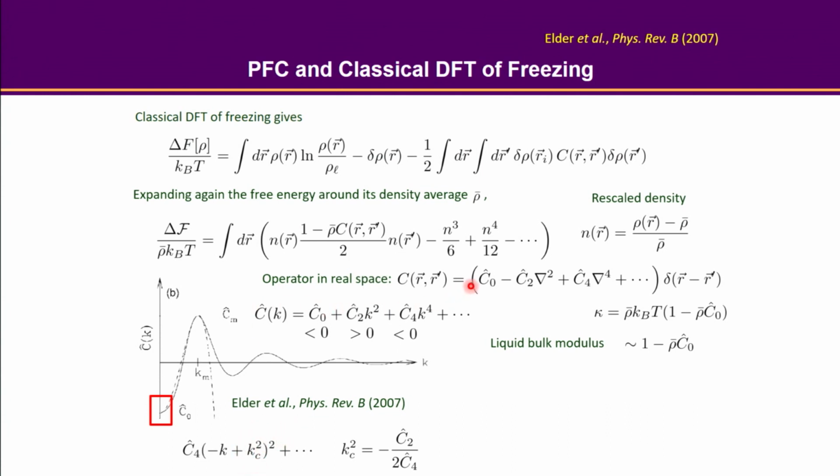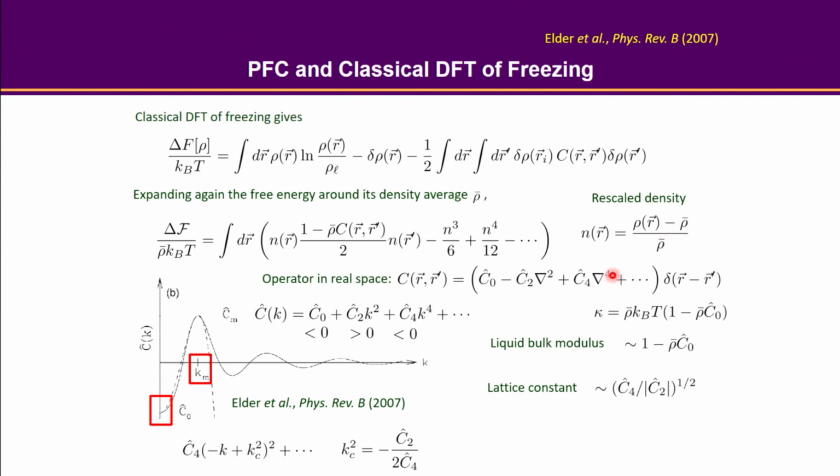So just do a simple manipulation. You see that kc squared is equal to C2 divided by 2 times C4, right? So that's the wave number of the preferred density wave. So the length scale would be the inverse of that. So C2 and C4 also decide the lattice parameter or the lattice spacing. That would be the inverse of that and taking the square root, right? Because this is k squared.